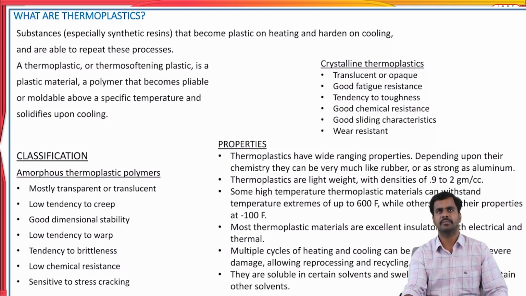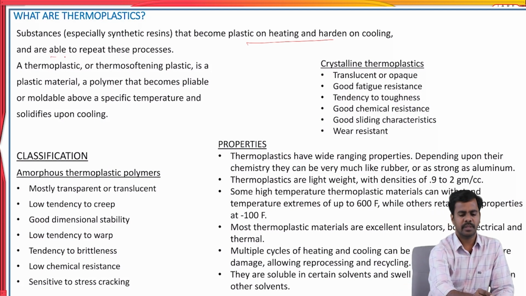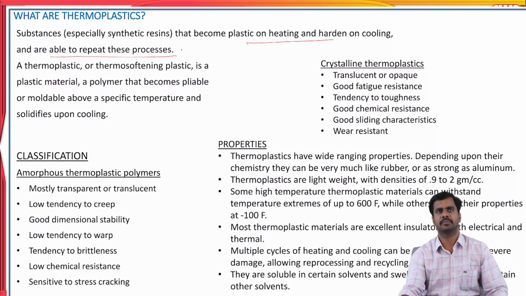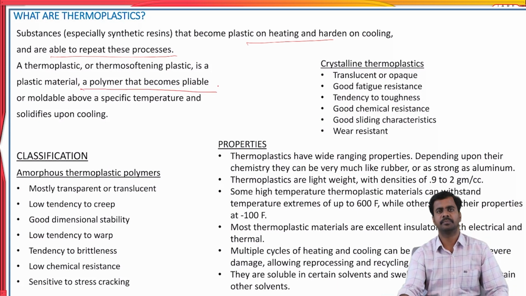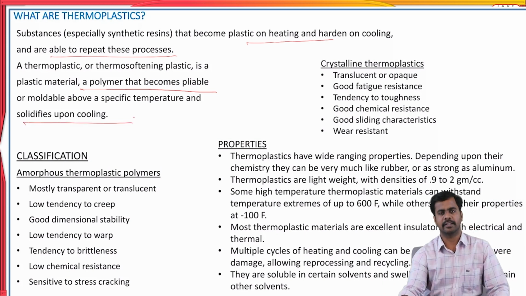Substances that become plastic on heating and harden on cooling and are able to repeat this process are known as thermoplastics. A thermoplastic, or thermo-softening plastic, is a plastic material, a polymer, that becomes moldable above a specific temperature and solidifies upon cooling.